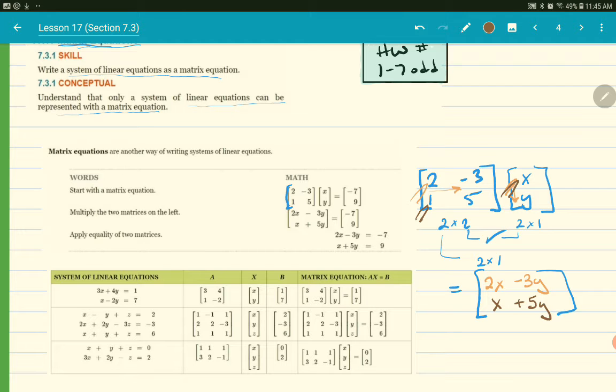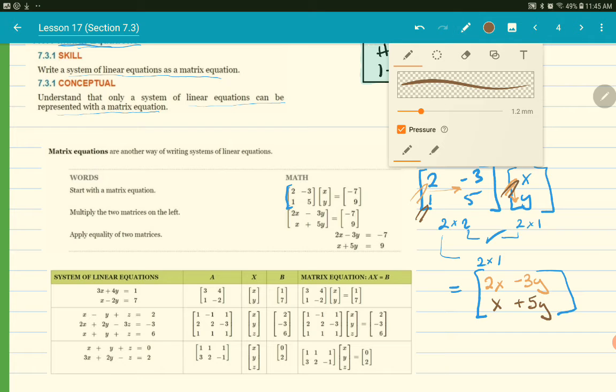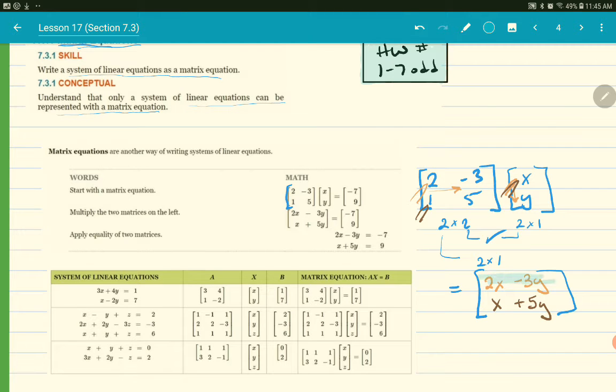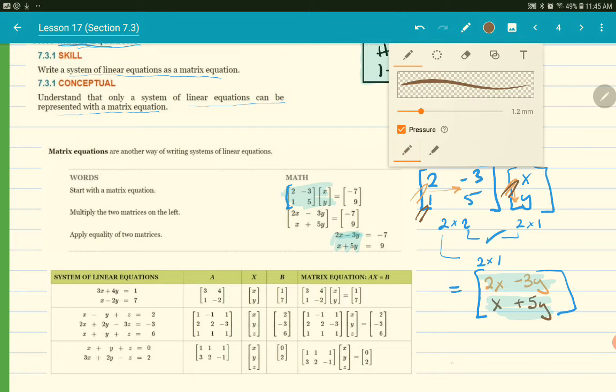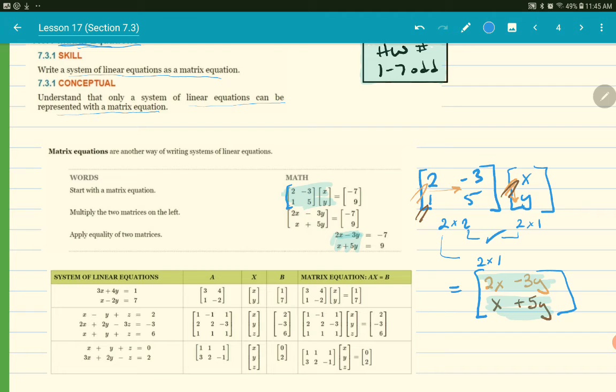This is one element, and this is the other element. According to the original equation, this product on the left is equal to the matrix negative 7, 9.